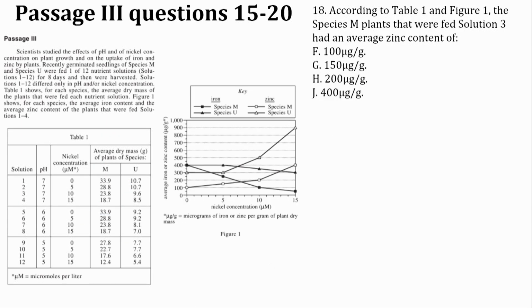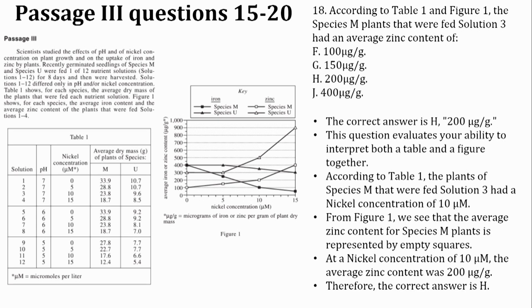Okay, great. Here's number 18. This one says, according to Table 1 and Figure 1, the species M plants that were fed Solution 3 had an average zinc content of, and those are our answer choices. The correct answer here is H, 200 micrograms per gram. This question evaluates your ability to interpret both a table and a figure together.